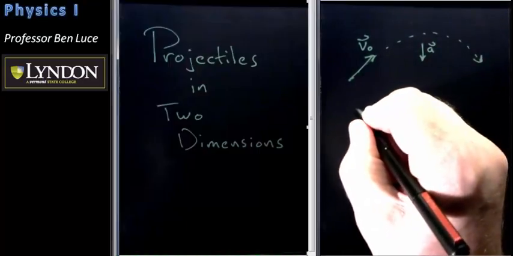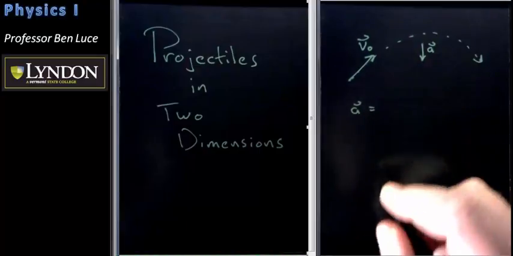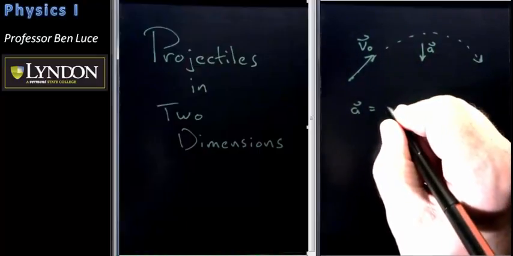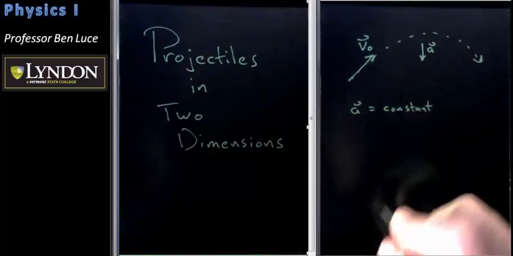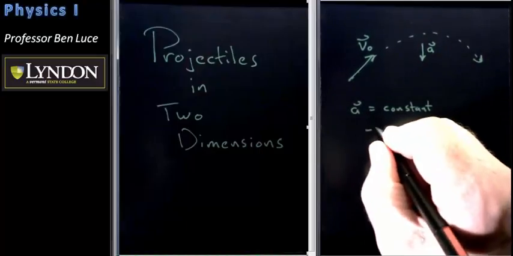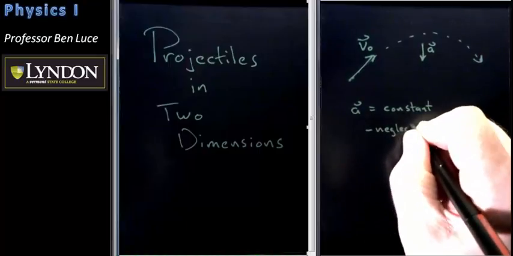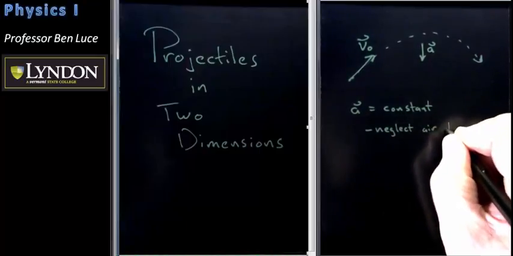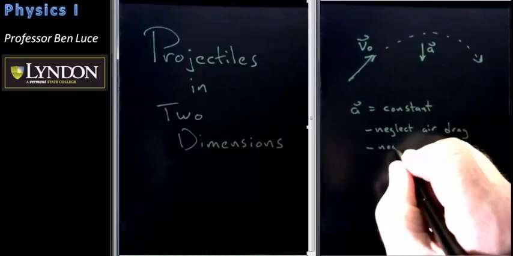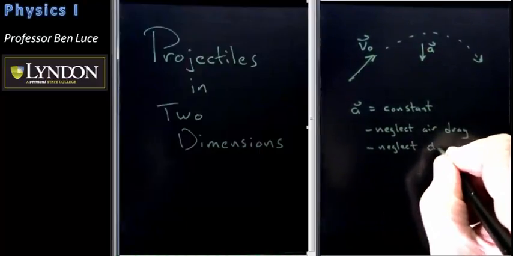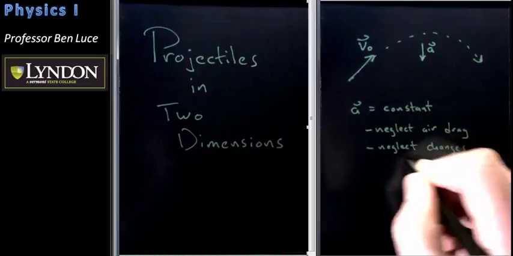and we'll assume that here the total acceleration will only be due to gravity, and moreover that it's perfectly constant. So we're going to neglect drag from the air, and we're going to neglect changes in gravity with altitude.